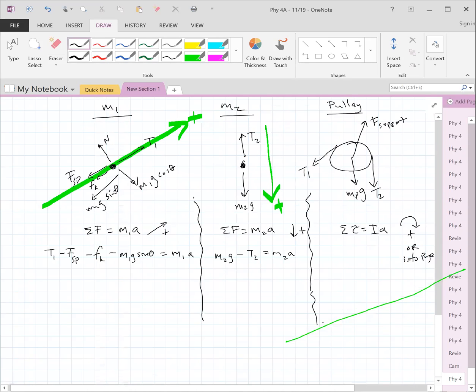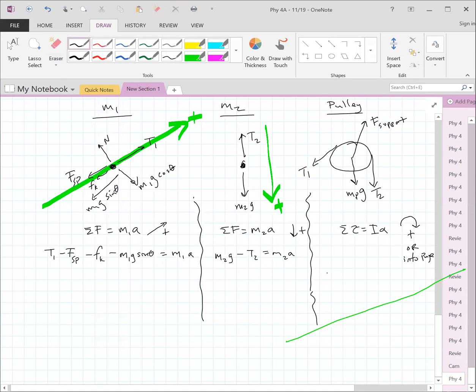And now for the torque, we have T2 producing positive torque. It would cause the wheel to rotate in the clockwise direction. Let me take one step back, write it this way.